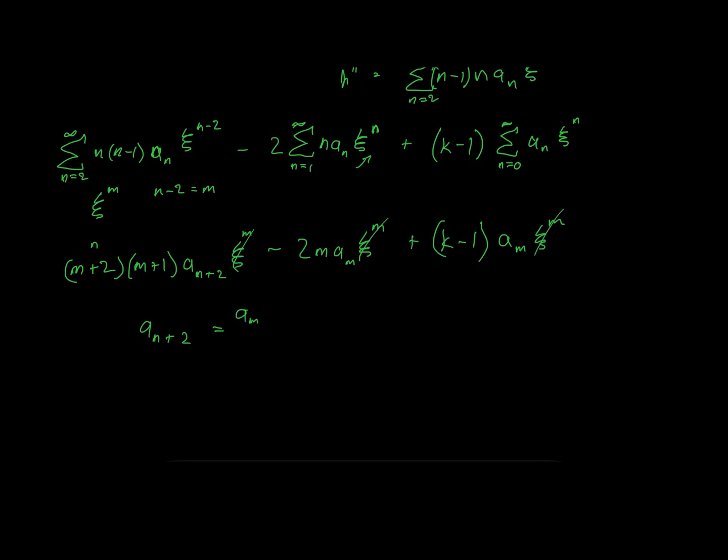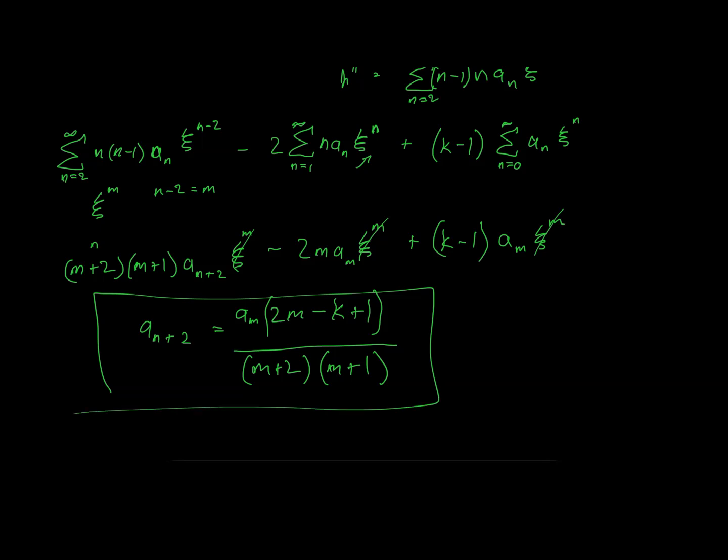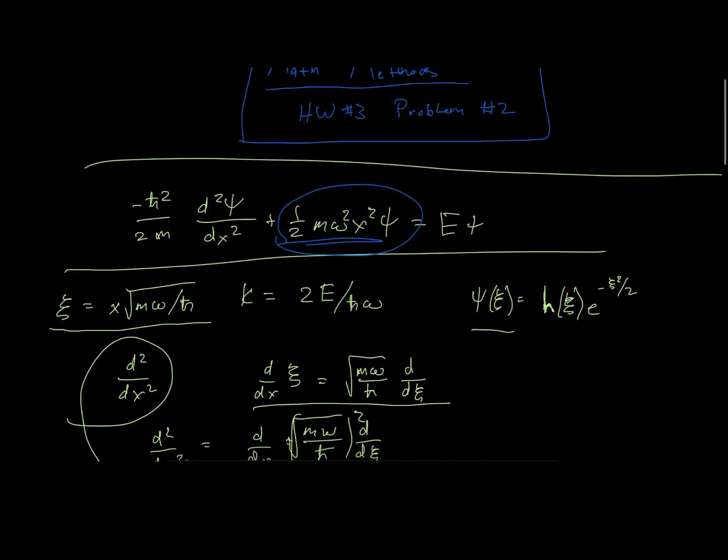That's going to equal a sub m times 2m minus k plus 1, and then that is over m plus 2 times m plus 1. And that is our recursion relation, and that is the end of this very long problem. Thank you very much.